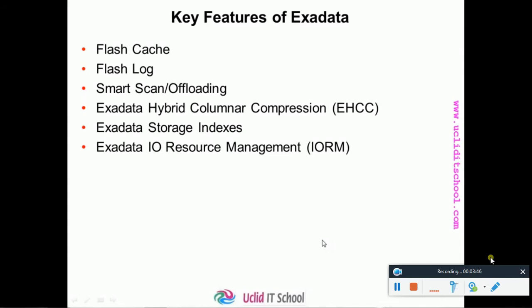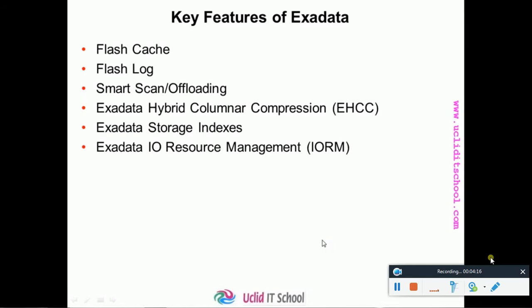If the underlying storage is Exadata, then only you can use HCC. Otherwise, you cannot use HCC. There are some other storages supported for HCC.